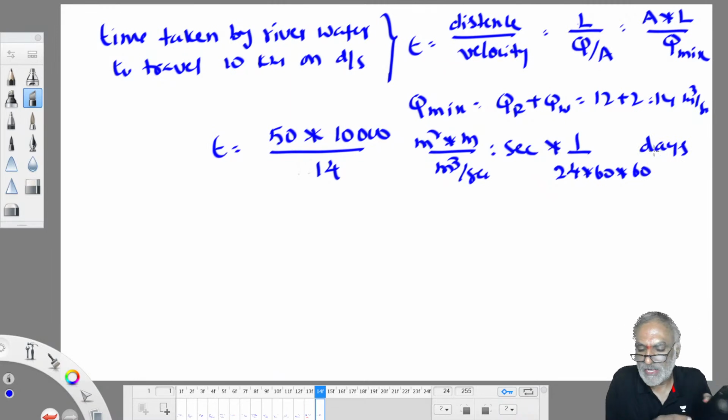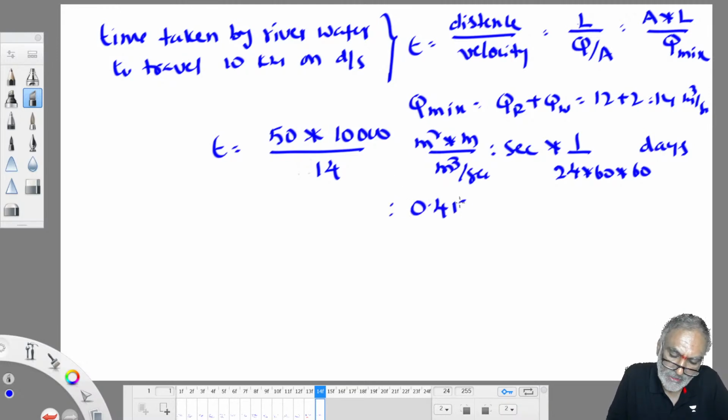So work out 50 into 10,000 by 14. I got 35,714.28 seconds. You want to convert this into days, you have to divide by 24 into 60 into 60. So it is 0.413 days time it is taking to travel.